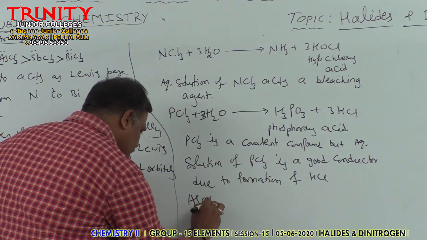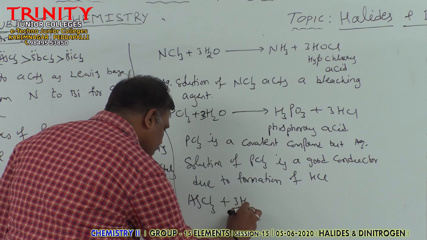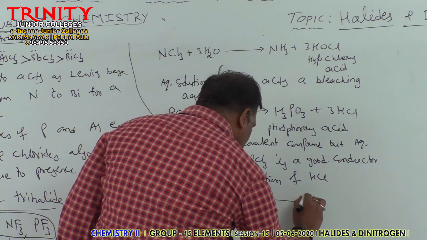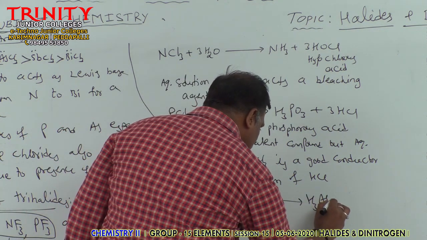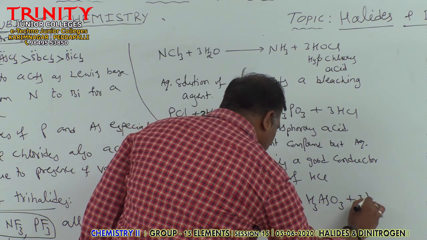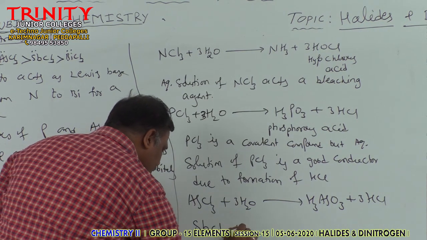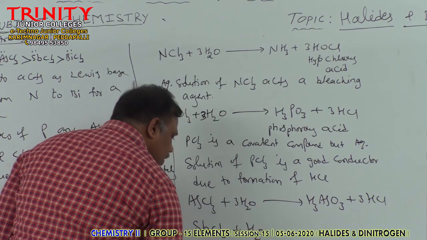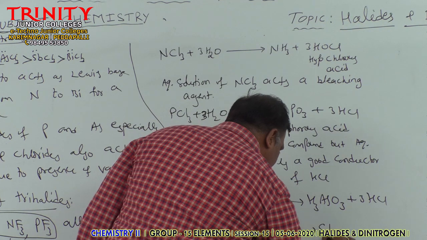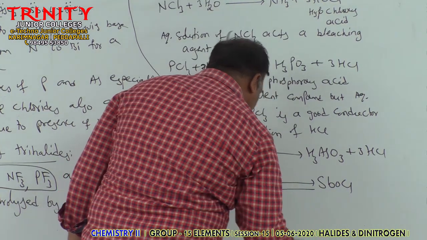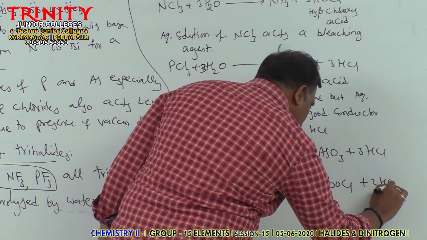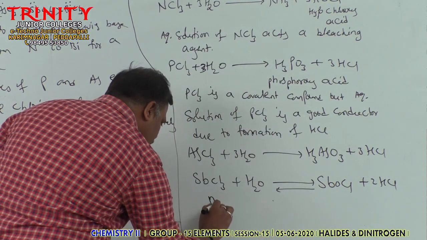Similarly, arsenic trichloride plus 3H2O forms arsenious acid, H3AsO3, plus 3HCl. SbCl3 plus H2O gives SbOCl plus 2HCl, reversible.